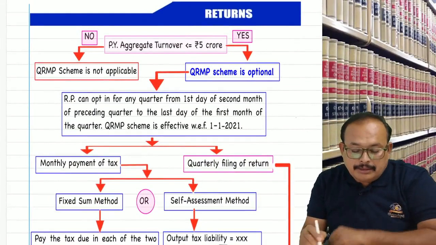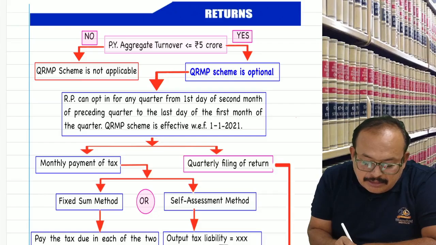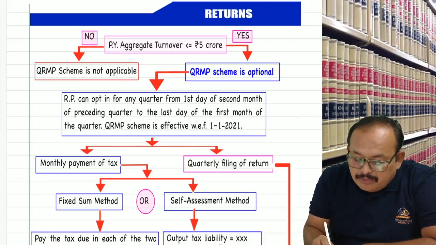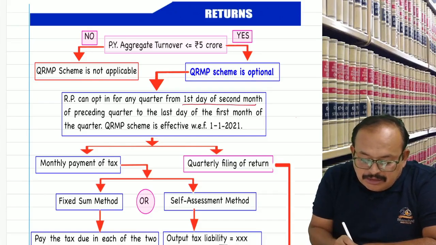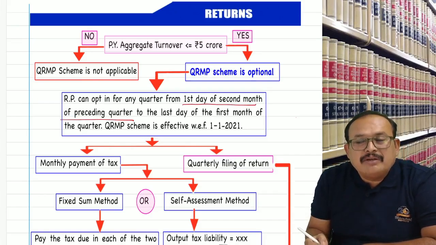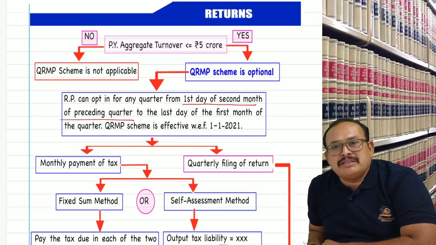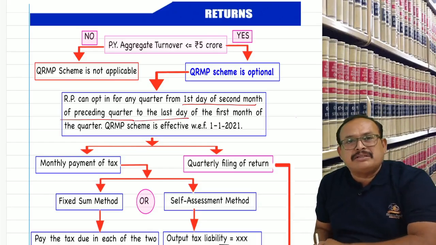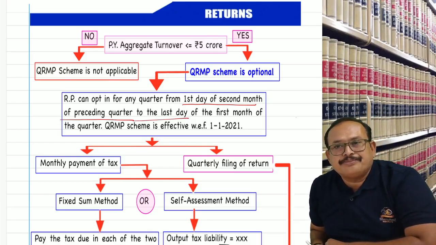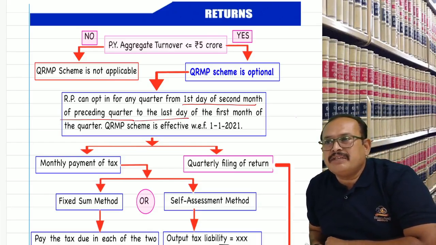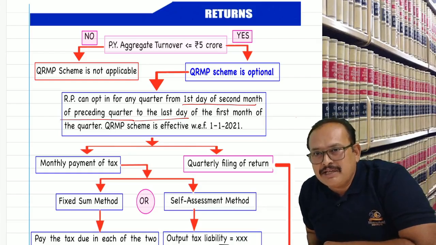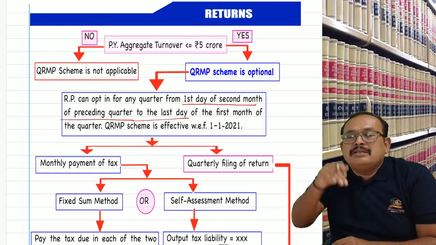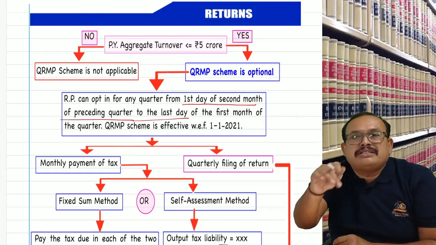A registered person can opt for any quarter from the first day of the second month of the preceding quarter to the last day of the first month of the current quarter. If you opt in that period, then it is effective from the first day of the current quarter onwards.